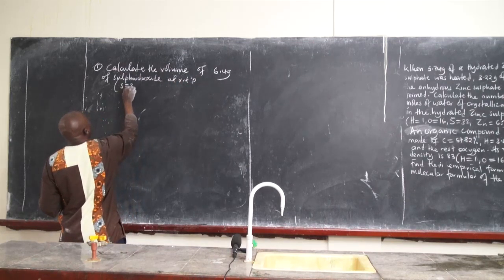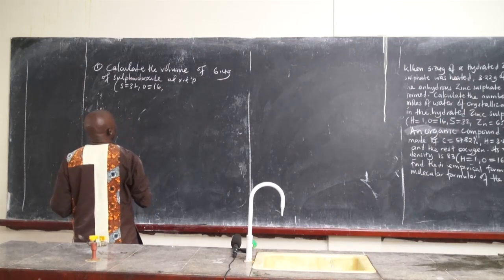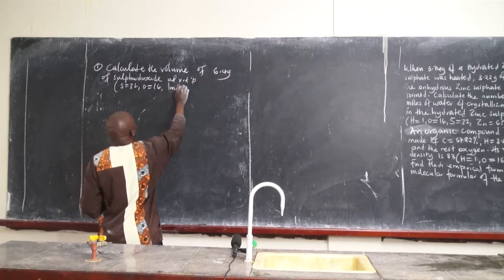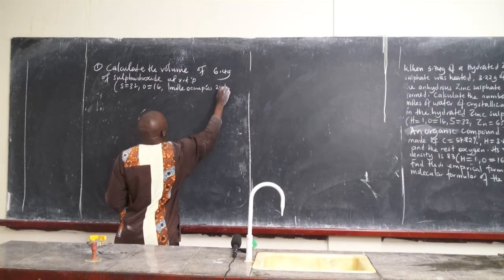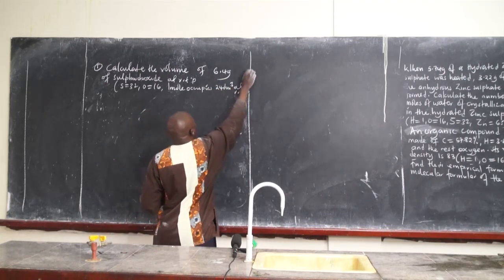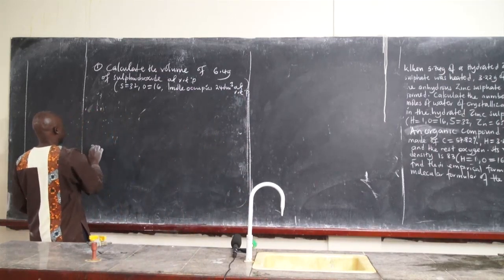Now sulfur is 32, oxygen is 16, and 1 mole occupies 24 dm cubed at RTP. So there are conditions.